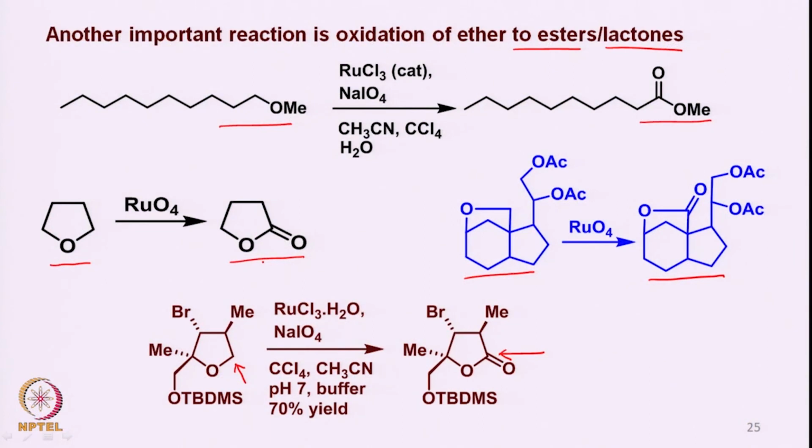Now, we will stop at this stage today, and in the next class we will see the mechanism by which these acyclic or cyclic ethers are converted to the corresponding esters or lactones, and further developments of ruthenium reagents for other reactions.